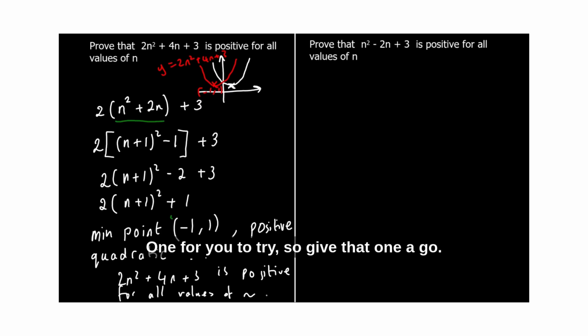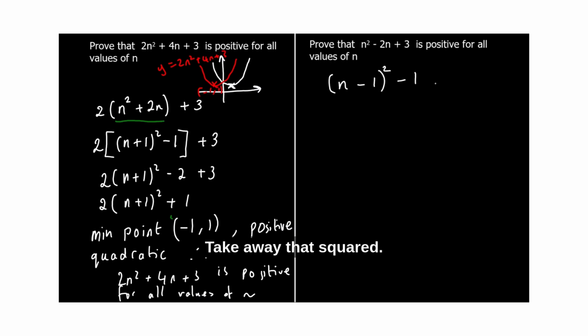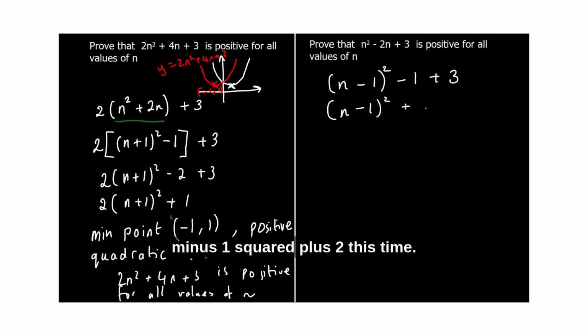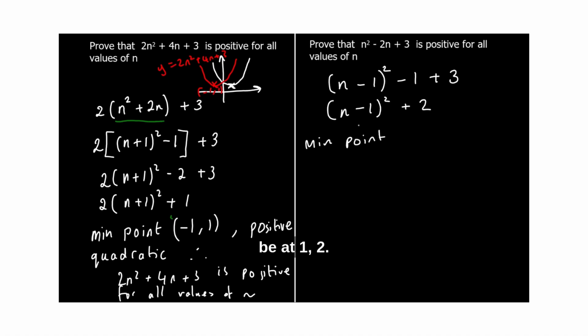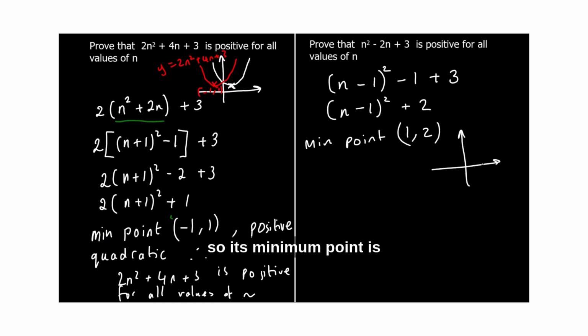One for you to try, so give that one a go. So again, we can complete the square. So just half the negative 2, which becomes negative 1. Take away that squared. So we've got n minus 1 squared plus 2 this time. The minimum point will be at 1, 2. And again, its minimum point is up here.